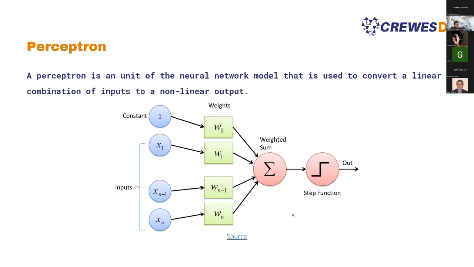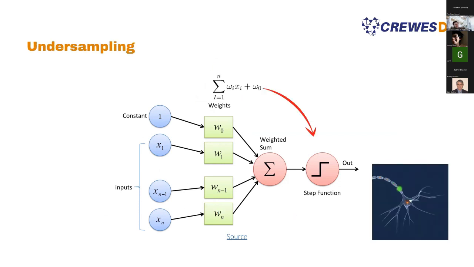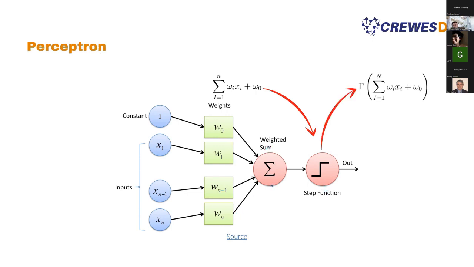To make this not necessarily a linear model, we have to apply something called an activation function. The first activation function that was proposed in the literature was a step function. Everything that was negative was 0, and everything that was positive was 1. To make this strictly linear function a non-linear function.